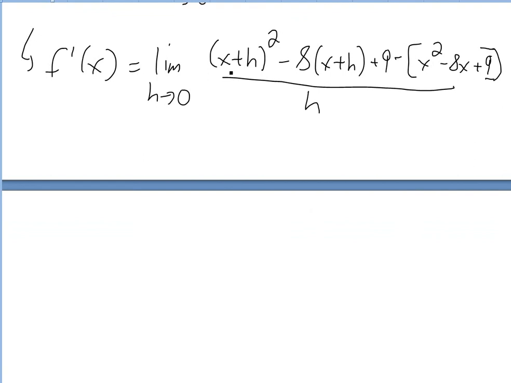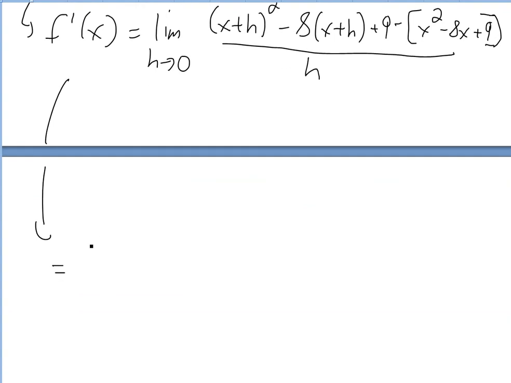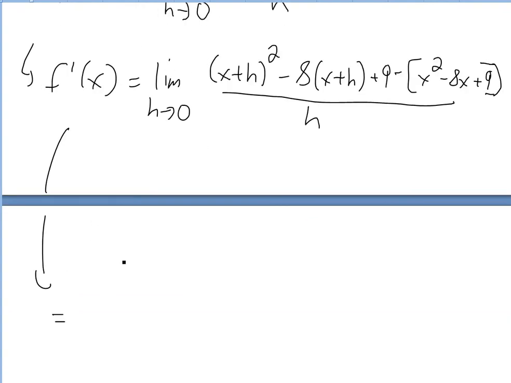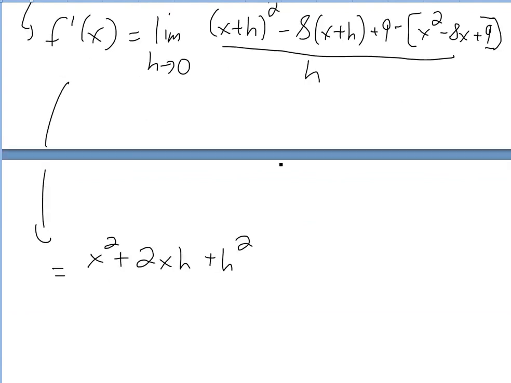And now we can expand this out, so we can cancel like terms. I'll just drag it down here. Well, this part right here we can expand out. That's going to be x squared, and using the FOIL method we'll get plus 2xh, plus h squared, and then minus 8x, expanding out the brackets as well, minus 8h, and then plus 9.